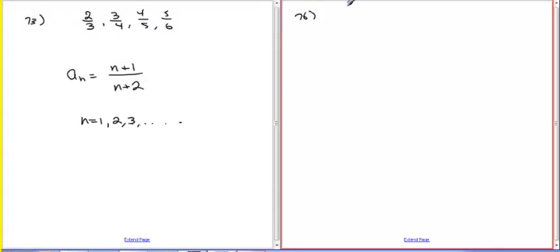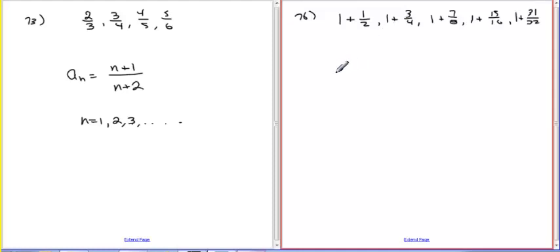And then 76 is 1 plus 1/2, 1 plus 3/4, 1 plus 7/8, 1 plus 15/16, 1 plus 31/32.